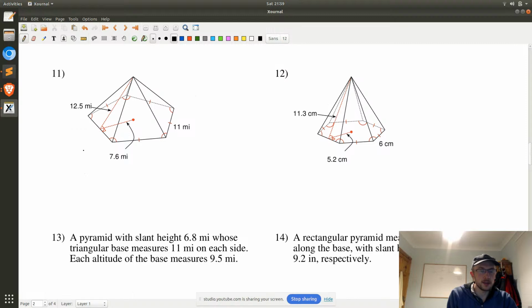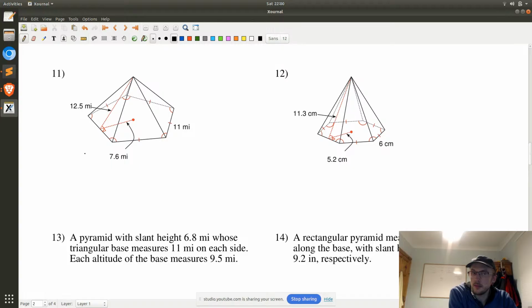Here, 11 times 12.5, and then all of that has to be divided by 2, and then you have to multiply that by 5. So let's just do 55 times 12.5, and then divide it all by 2. 55 times 12.5 would be 687.5.